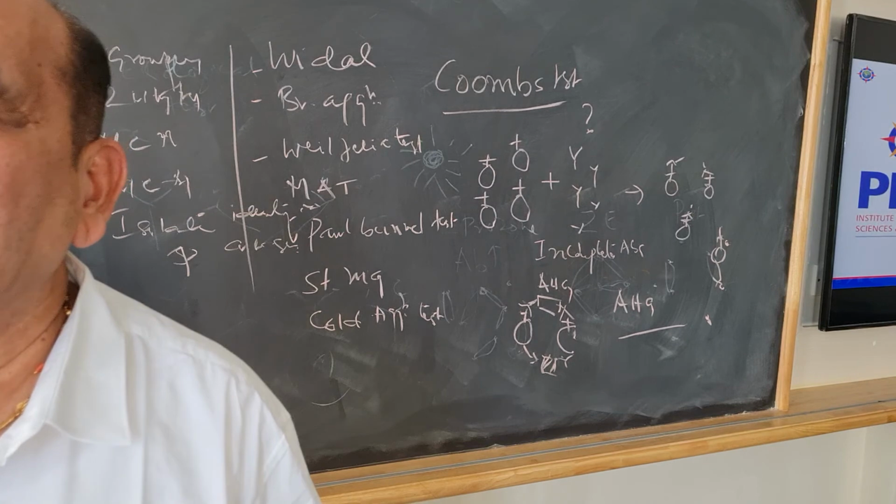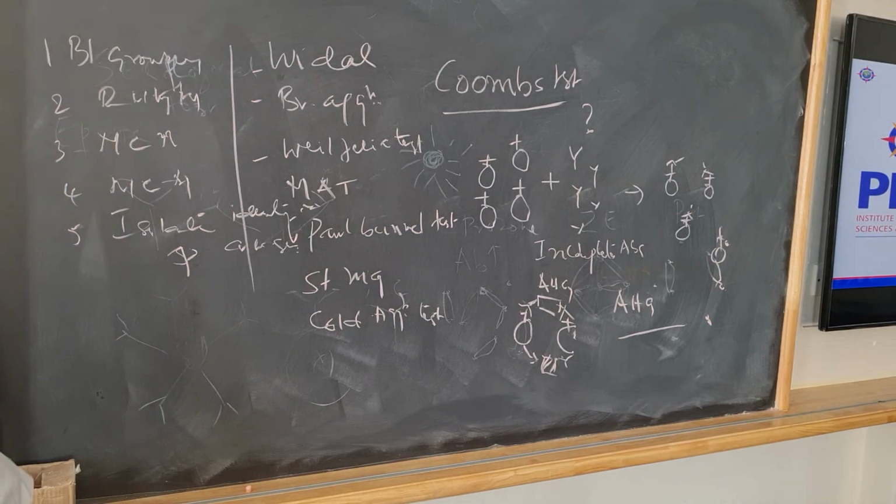This is called the indirect Coombs test. A lot of people in this class want to become gynecologists, and will definitely come across this situation. The Coombs test is very commonly done.